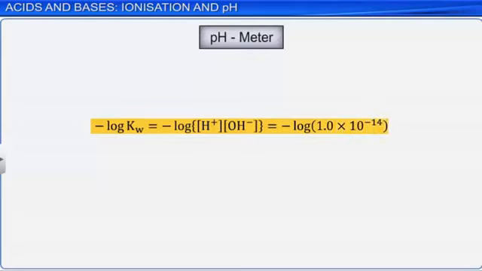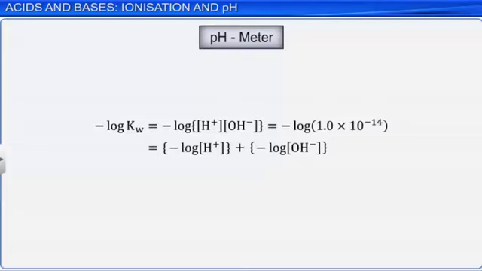Negative log of H plus and OH minus ion concentrations can further be written as negative log of H plus ion concentration and negative log of OH minus ion concentration. This is equal to negative log of 10 to the power of -14. As negative log of Kw is equal to pKw, negative log of H plus ion is equal to pH, and negative log of OH minus ion concentration is equal to pOH.